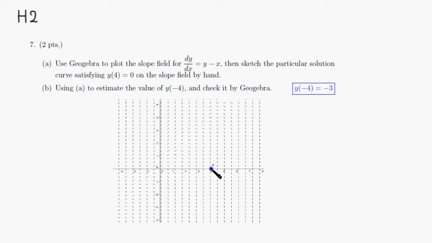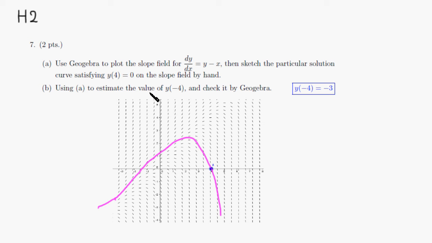In this direction, just following the slope, it's coming down and maybe going something like that. I made the picture a little bit too small, but this is going to keep on going like that. So this is my guessed solution curve.